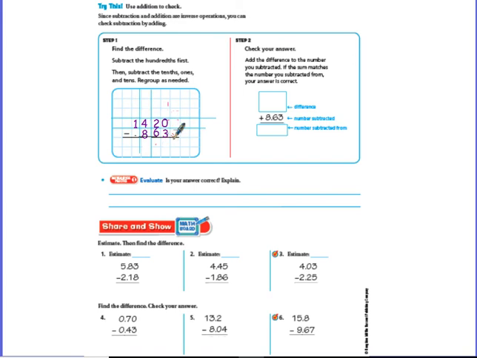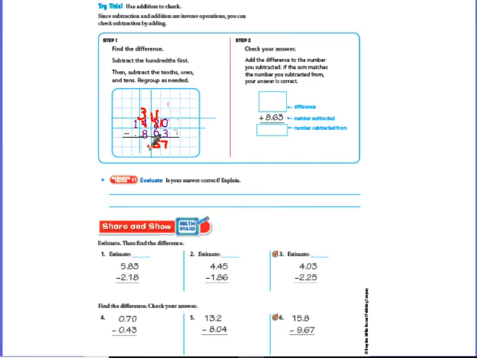Well, I can't do this, right? So I have to regroup. And now this becomes 10. And I have a 7 here. And can I do this? No, I have to regroup. Now I have 11. I can do that. 11 take away 6 is 5.